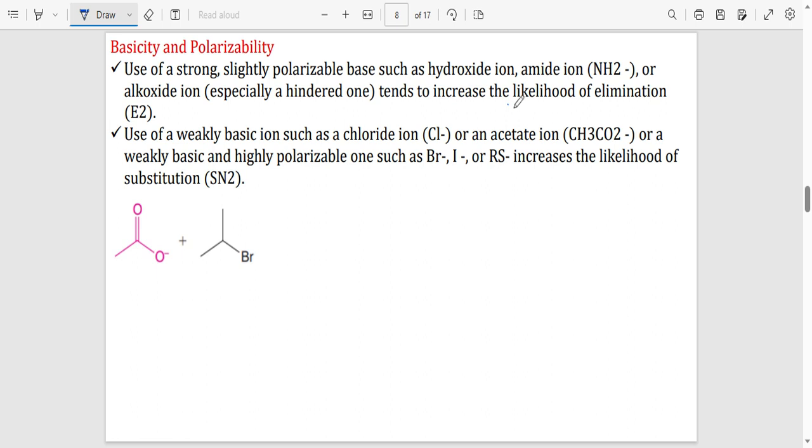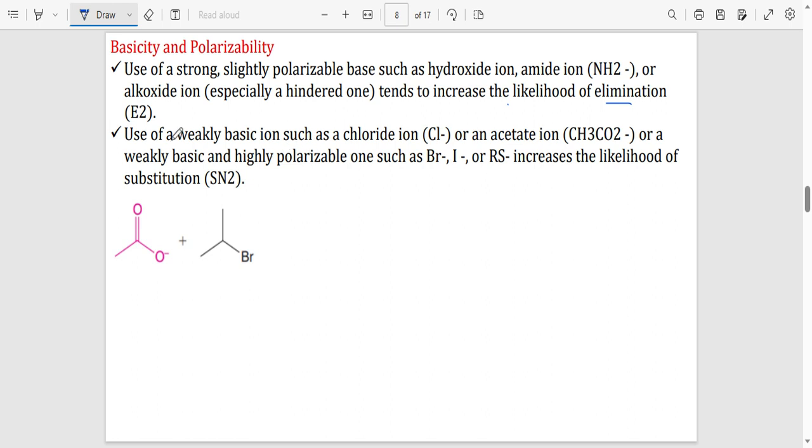As we have said, this reaction is going to mostly go by SN2. Why is it going by SN2? It is just the opposite of what we have talked about here. Use of a strong, slightly polarized base such as hydroxide ion, amide ion, or alkoxide, especially the one which is hindered, is going to increase the likelihood of elimination.